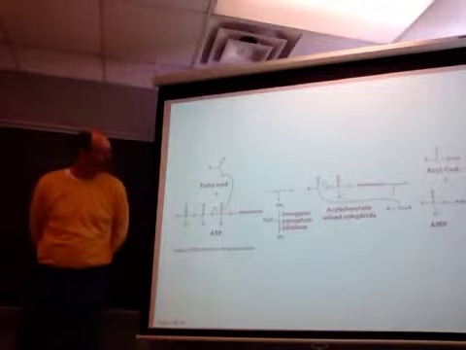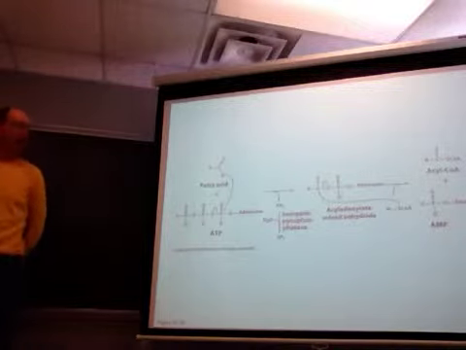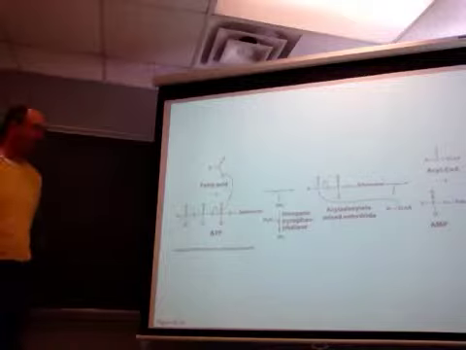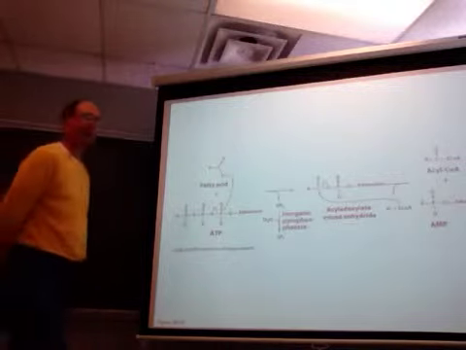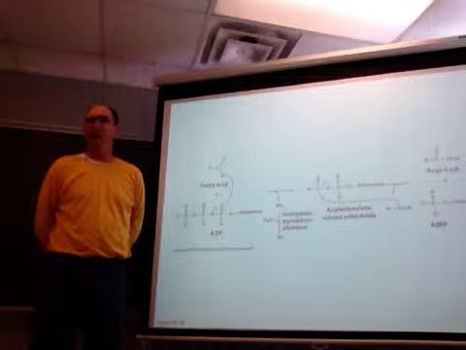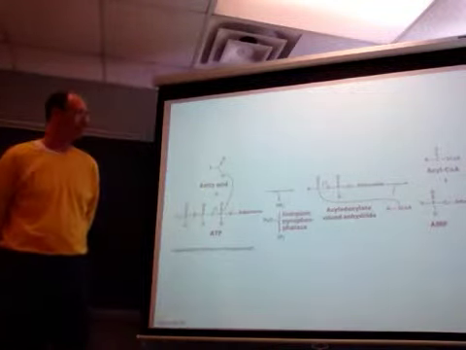So, let's talk about metabolism of fatty acids. The first thing we have to do when we metabolize fatty acids is activate them to transport them into the mitochondria, because this oxidation is going to occur in the mitochondria.